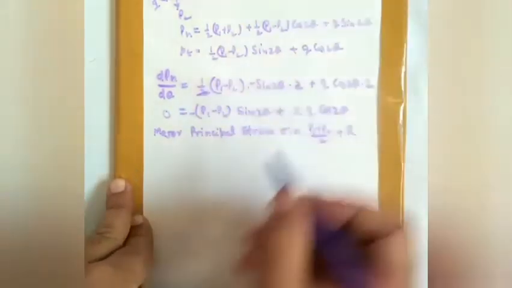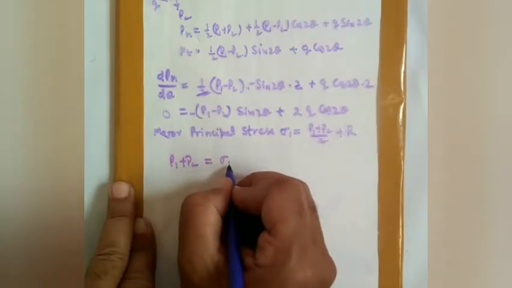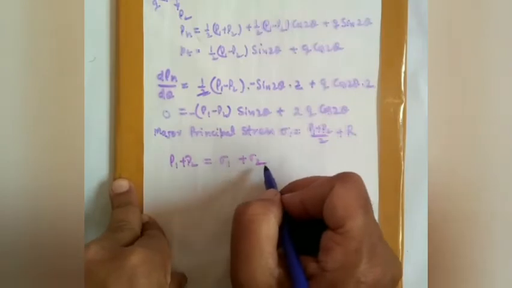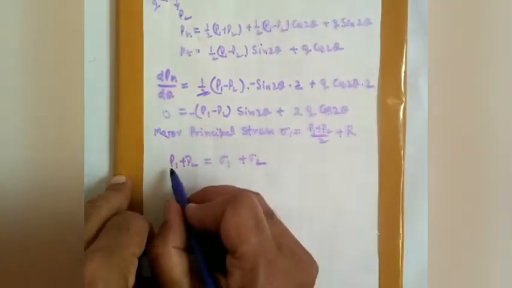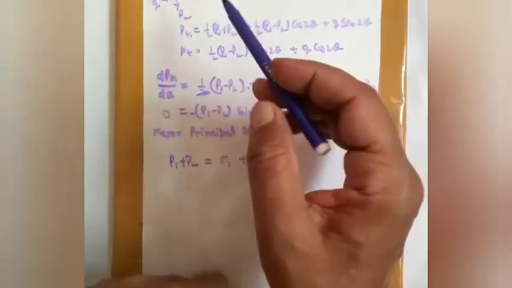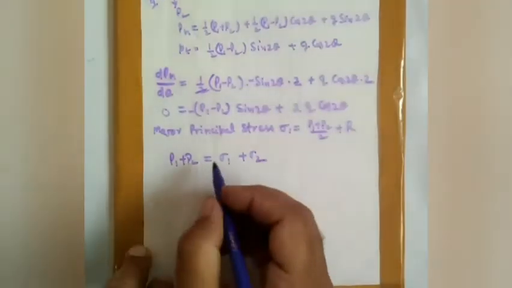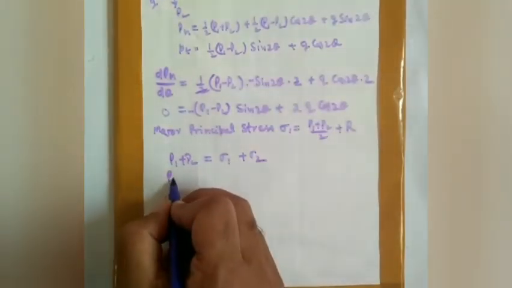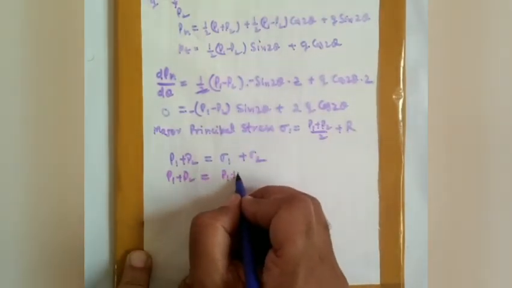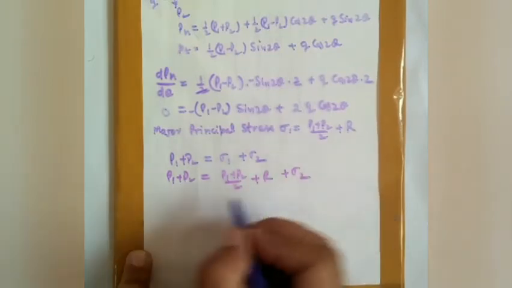Using that theorem, we can write P1 plus P2 is equal to sigma 1 plus sigma 2, where sigma 1 and sigma 2 are the major and minor principal stresses, and P1 and P2 are the two stresses acting on the stressed element in perpendicular directions. So substituting the value of sigma 1, we get P1 plus P2 is equal to (P1 plus P2) by 2 plus r plus sigma 2.